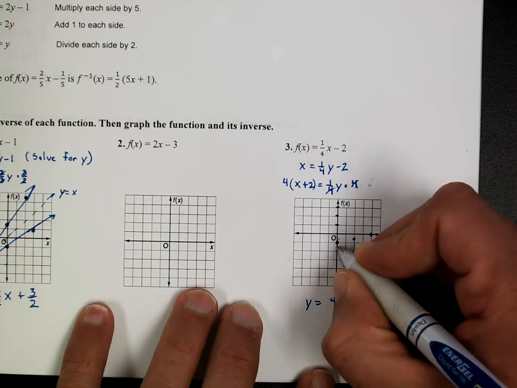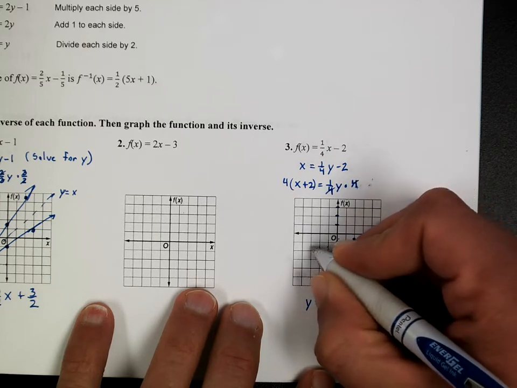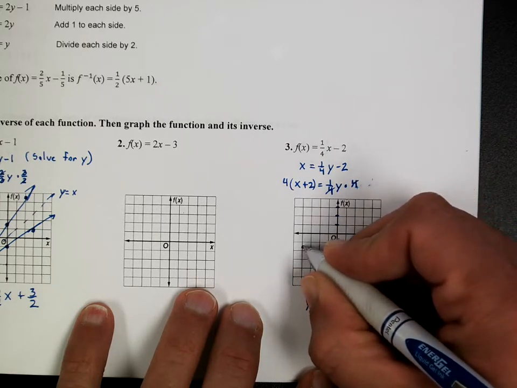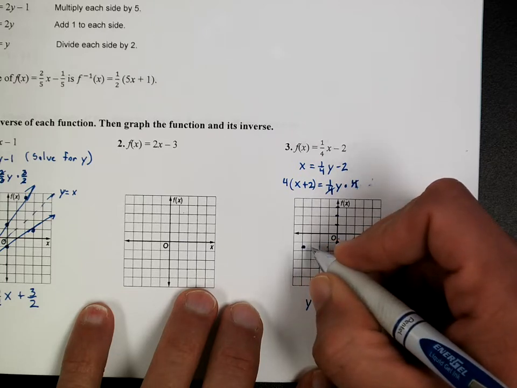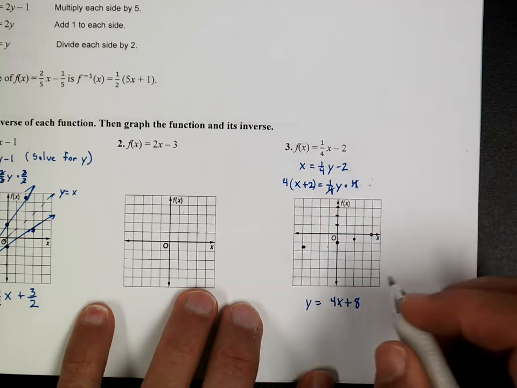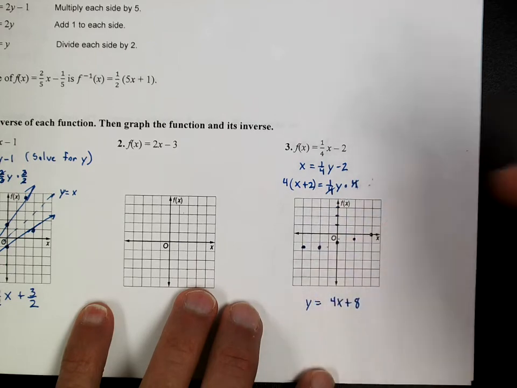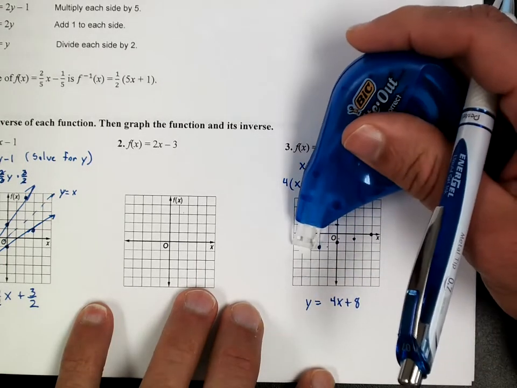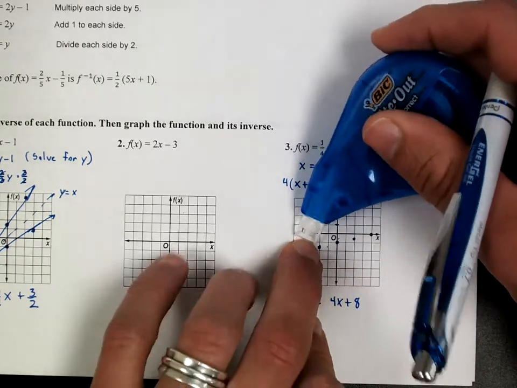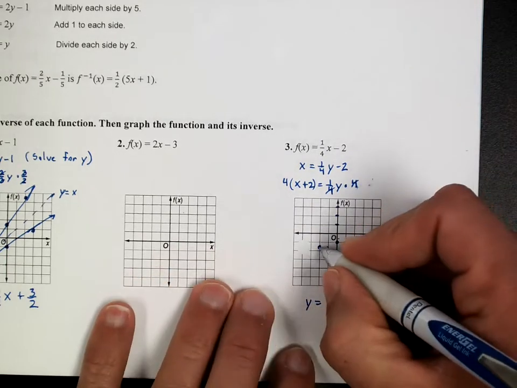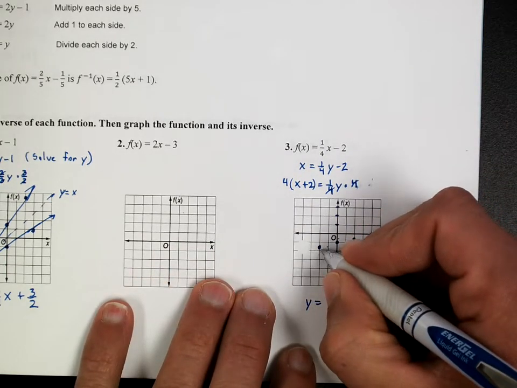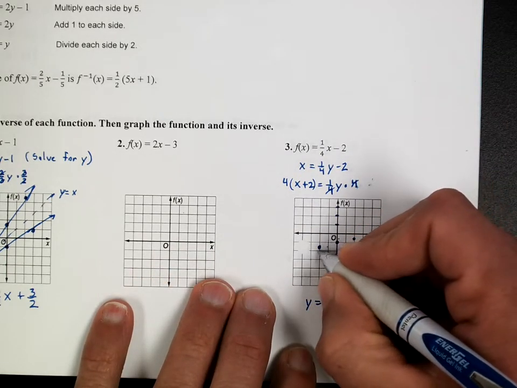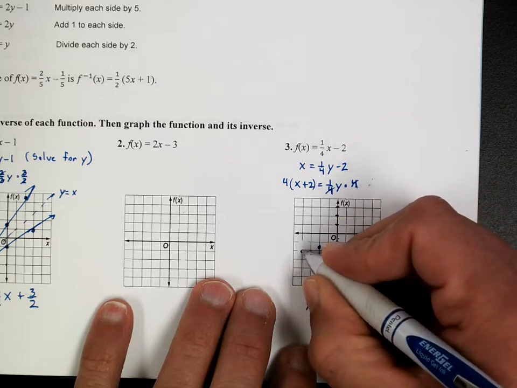Down 1 over 4, 1, 2, 3, 4. And then down 1 over 4, okay. So that's what I got.